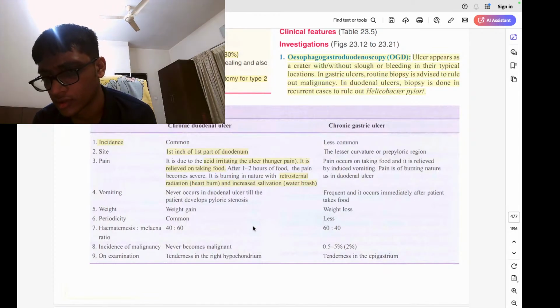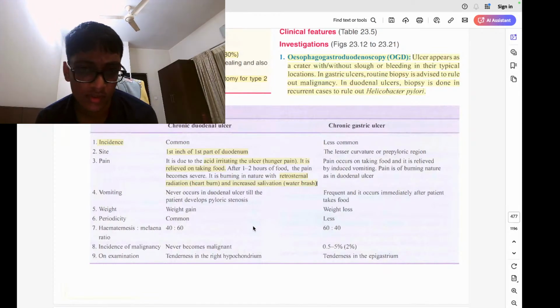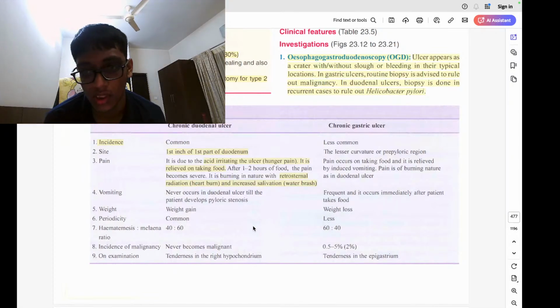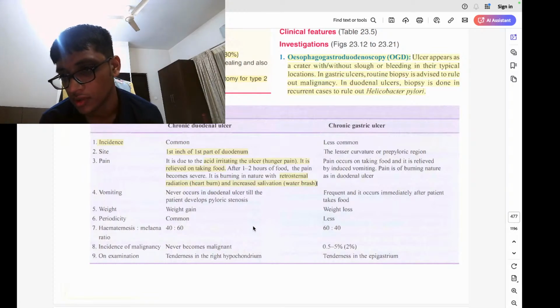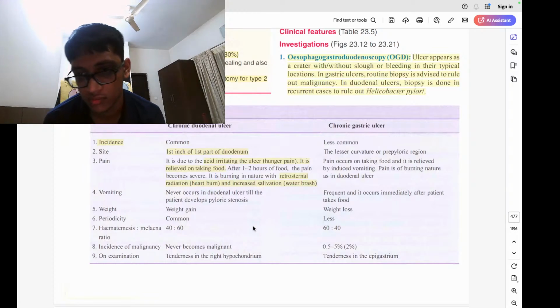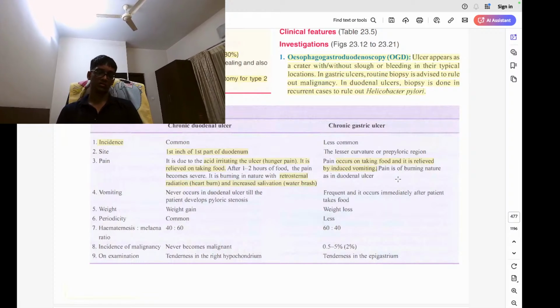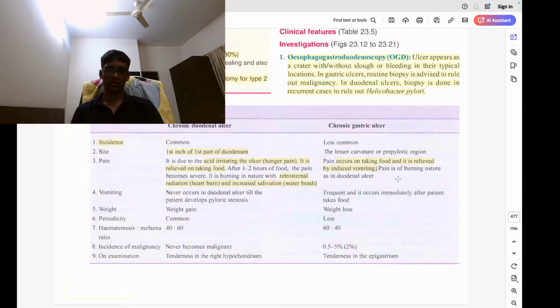Coming back. So chronic gastric ulcer, you have pain occurring on taking food and relieved by induced vomiting. Pain is burning in nature as in duodenal ulcer. So it's completely different: relieved by induced vomiting. In chronic duodenal ulcer, vomiting never occurs till the patient develops pyloric stenosis.